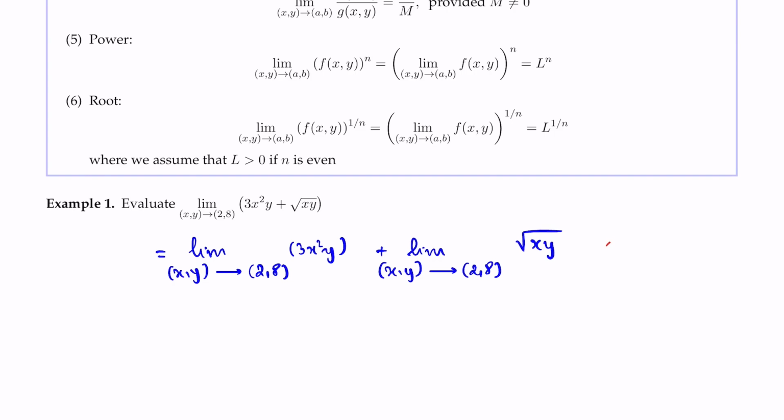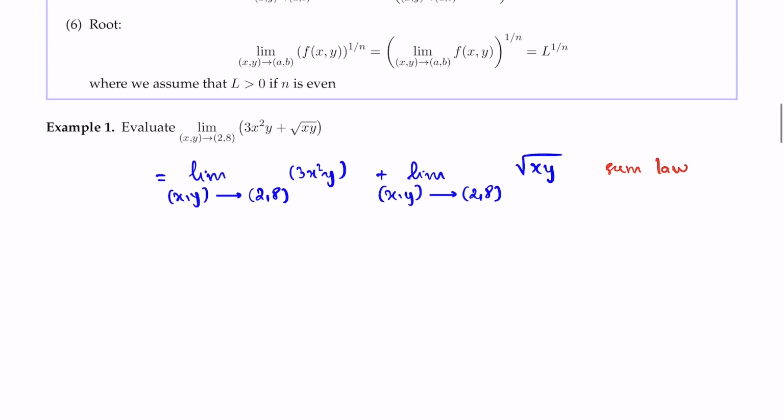I use the sum law in this case. Again, the sum law says that the limit of the sum is the sum of limits. Now for the first limit, 3 is the constant multiple, so I can pull 3 out of the limit operation. I get 3 times the limit as (x, y) approaches (2, 8) of x squared y.